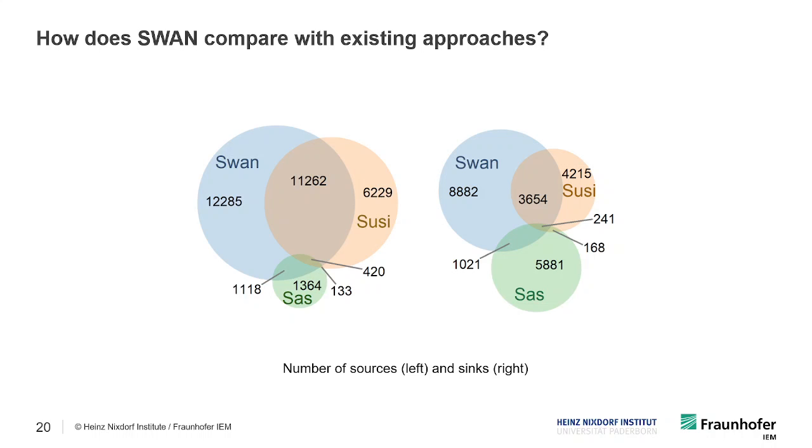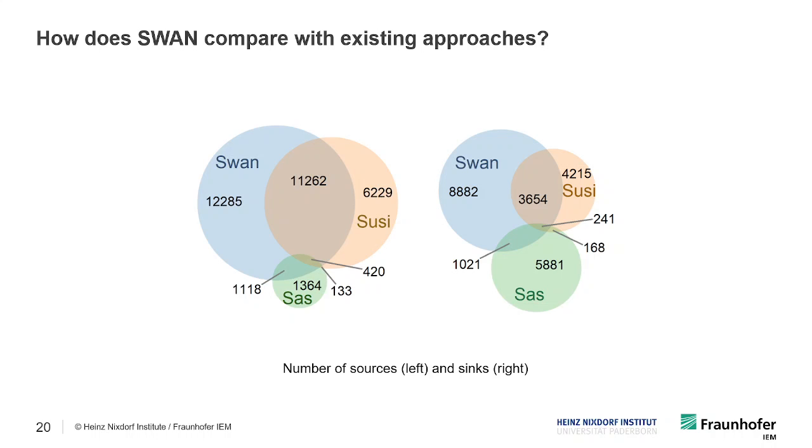One decision that we made for SWAN is that we wanted to make it very general, because we do a further classification into security vulnerability types, whereas SUSI and SAS are more focused on a specific vulnerability, that is data leaks.